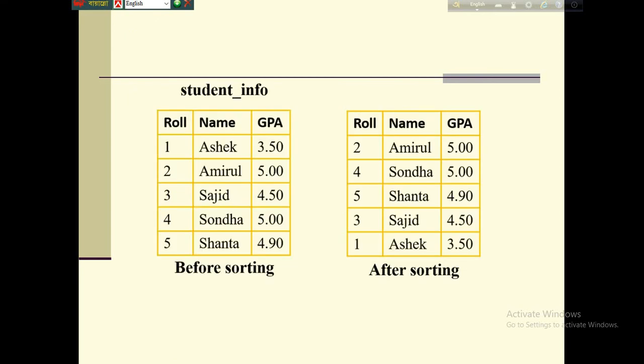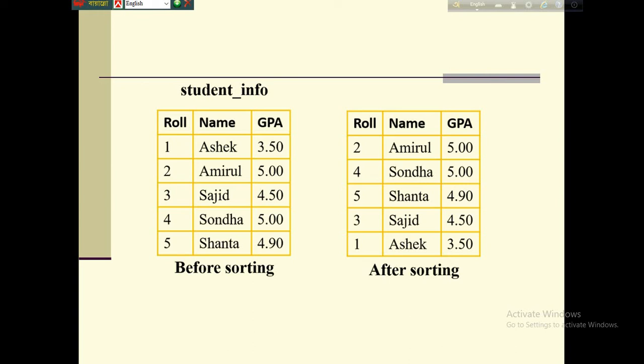Here the student info is a table and roll is sorted, but GPA is not sorted. We see 3.5, then 5, then 4.50, then 5, 4.9.